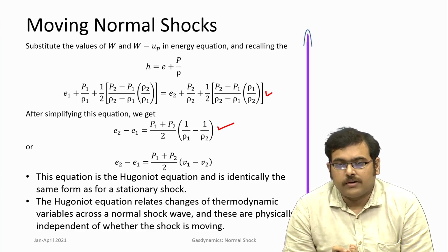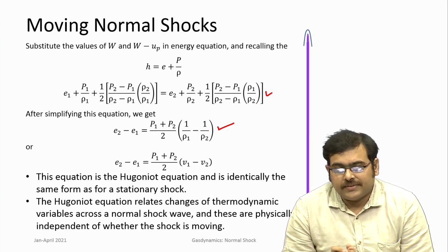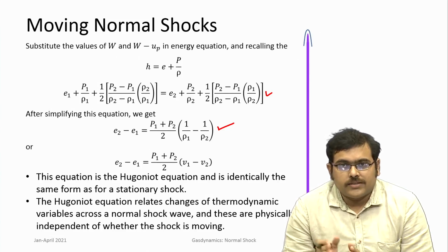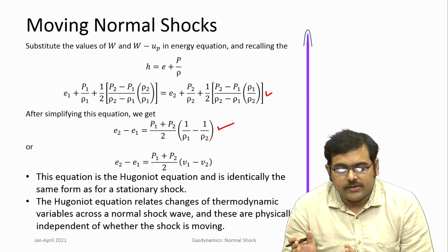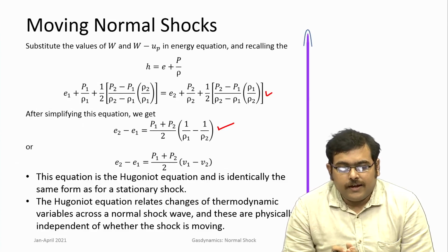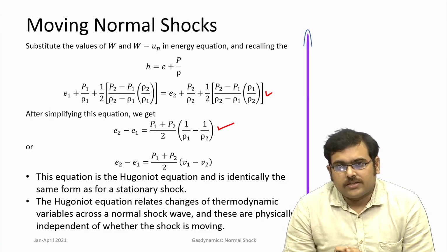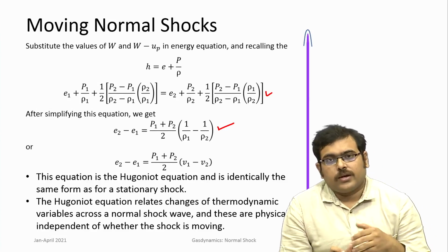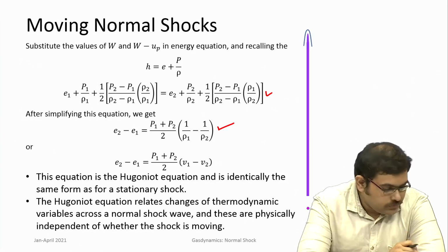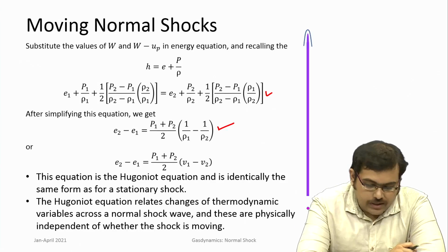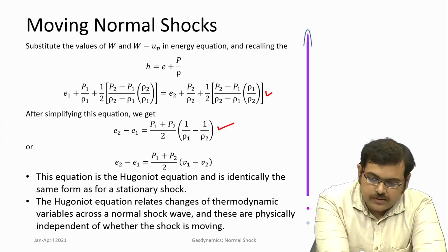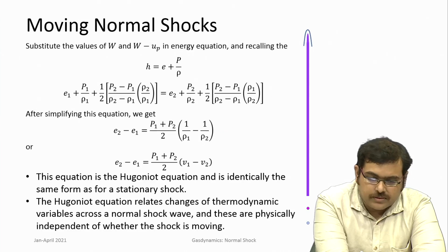Always remember that the analysis proceeds by first changing the coordinates to sit on the moving shock, then the equations are written relative to the moving shock, and that transforms this into a stationary shock analysis, and you can proceed to get all the variables according to the stationary shock. So, this is a very important principle.